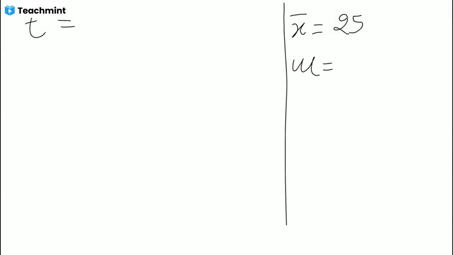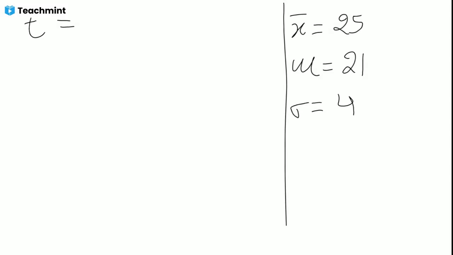T is equal to, let us take some values: x bar is 25, mu is 21, sigma is 4, and n is equal to 15.